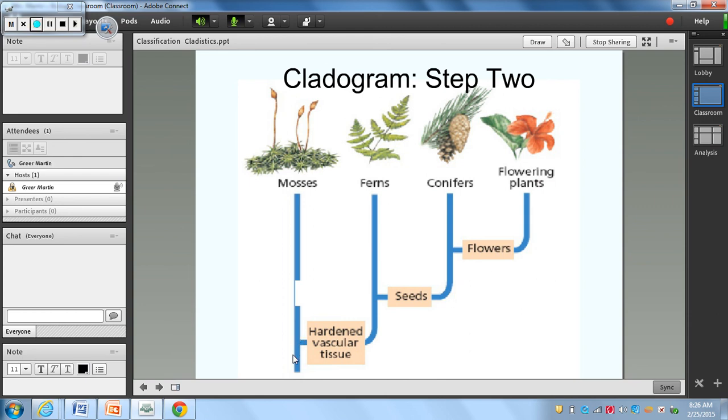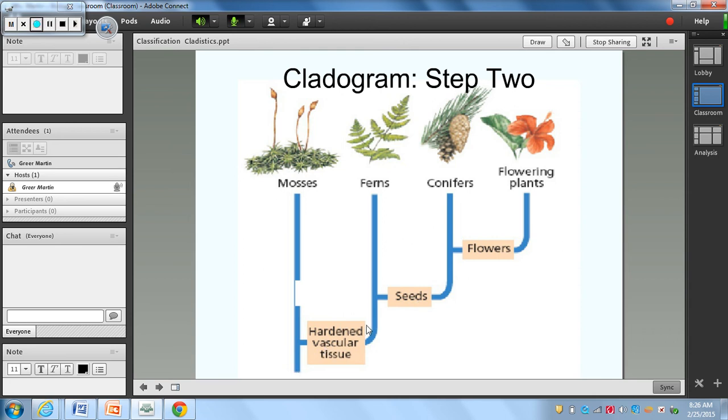And basically what you do to read the cladogram is you put your finger or your pencil at the bottom, and every trait that it crosses to get to the picture means that organism has that trait. So if we go straight up, mosses don't have hardened vascular tissue, seeds, or flowers.